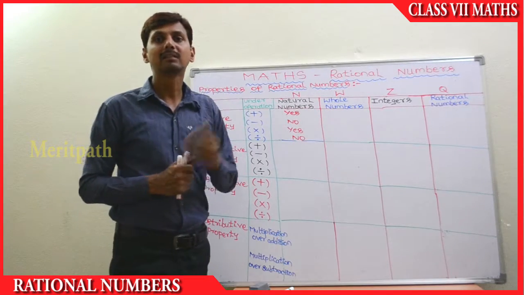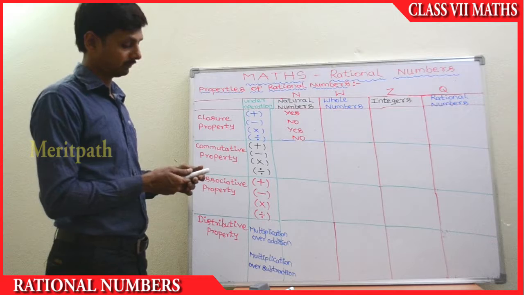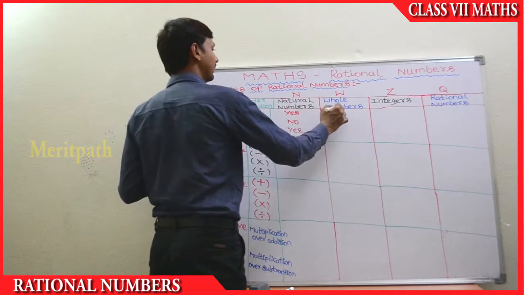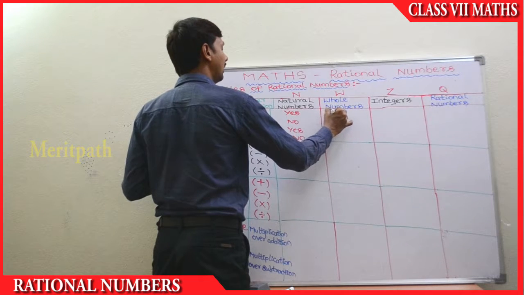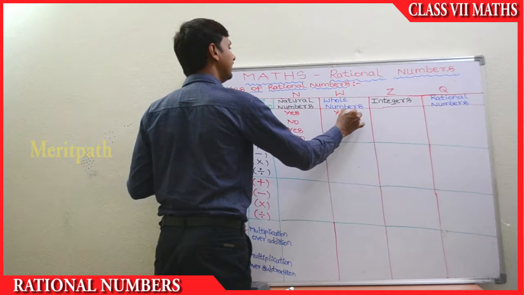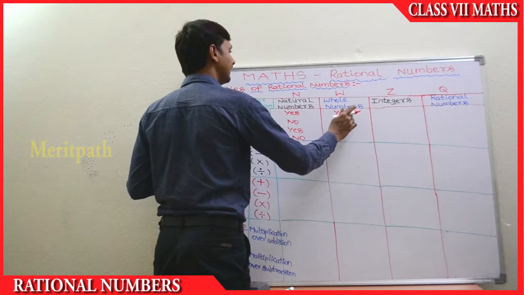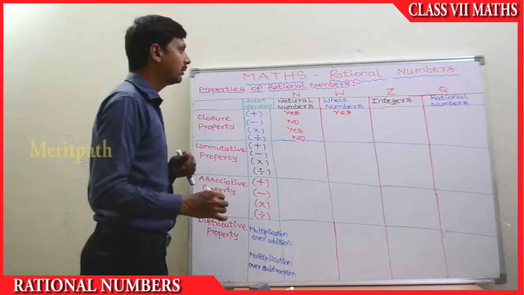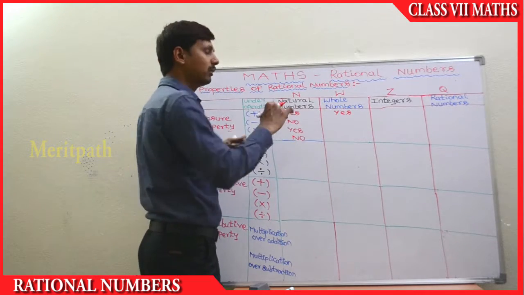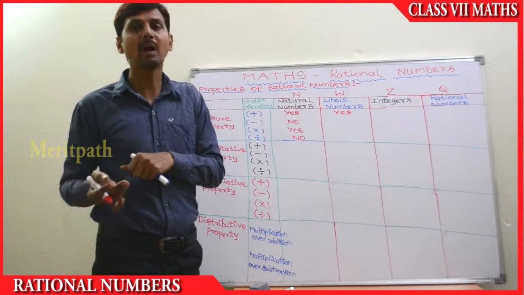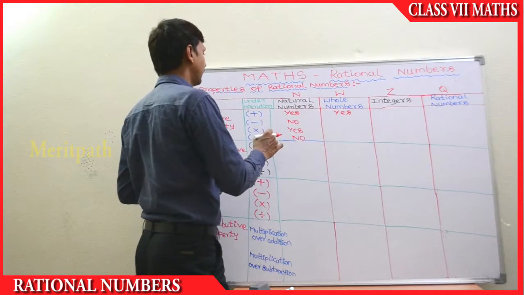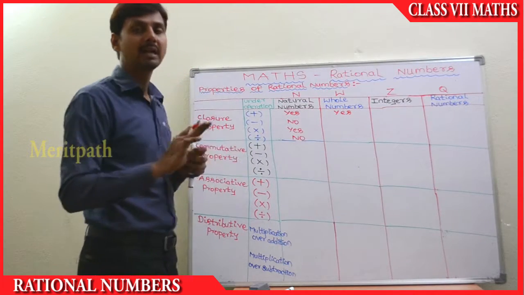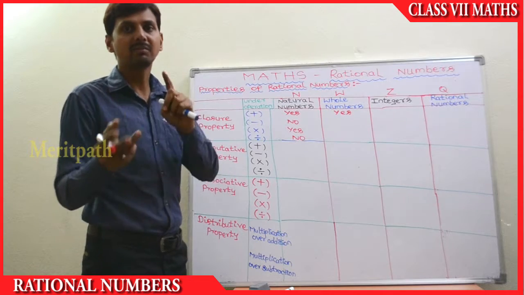So natural numbers done, let's go for whole numbers. Closure property of whole numbers: if we take any whole numbers and add them, we get a whole number only. So it's yes, it's possible. Subtraction is not possible, because if we take 1 minus 0 and 0 minus 1, it's not satisfied.